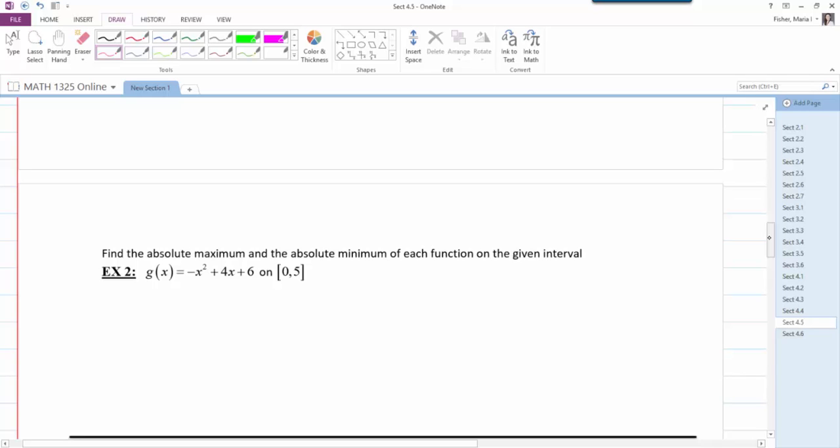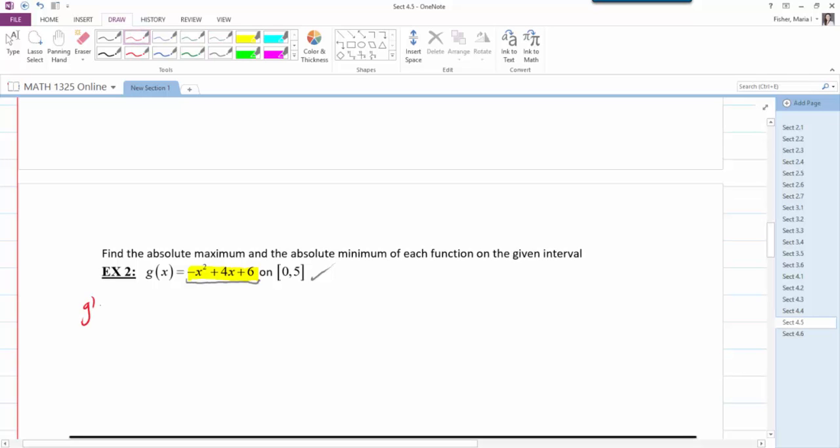So the first thing, again, that we were told to do is make sure that our function is continuous over the interval. Well, the function that I'm given in this example is negative x squared plus 4x plus 6. Well, that is a quadratic, and quadratics have domains that are all real numbers, so it's continuous over the domain of 0 to 5. Step 2, find the critical numbers of f, which means I'm going to need to find the first derivative.